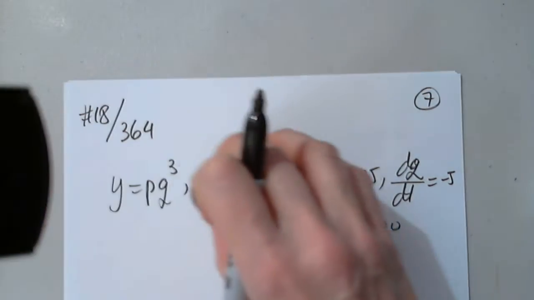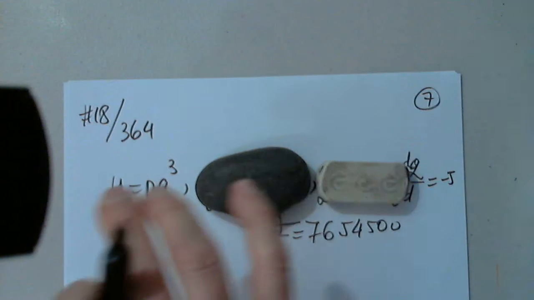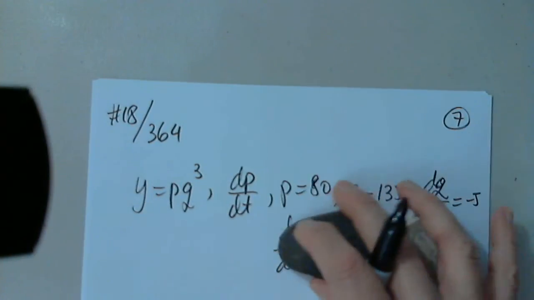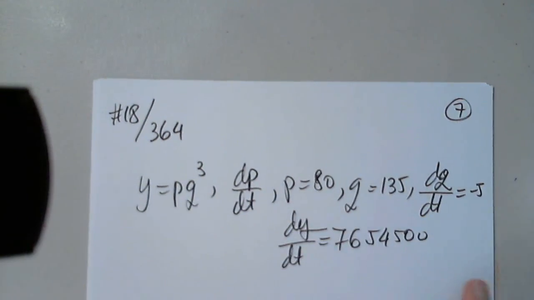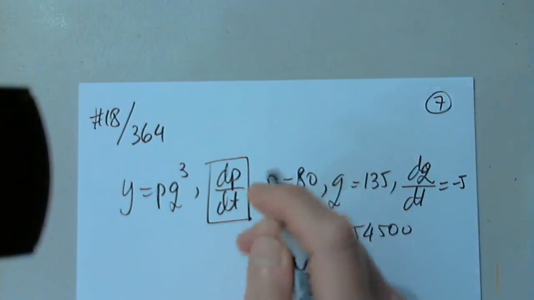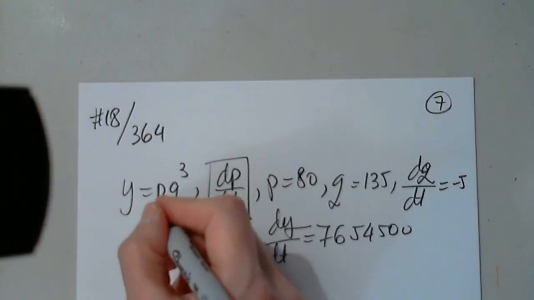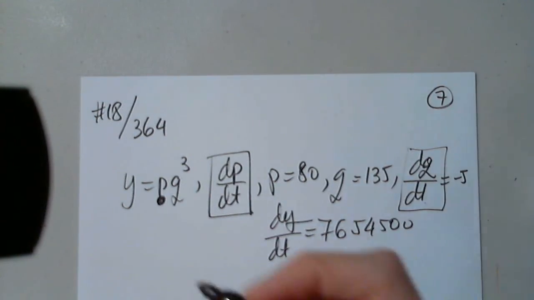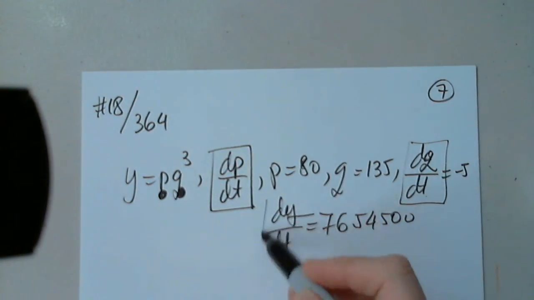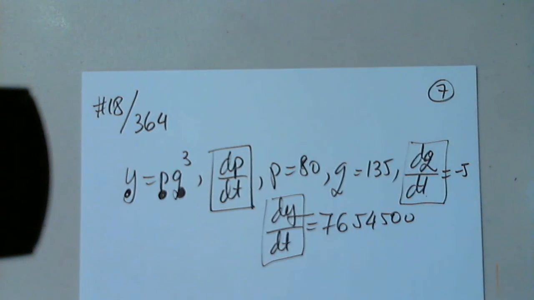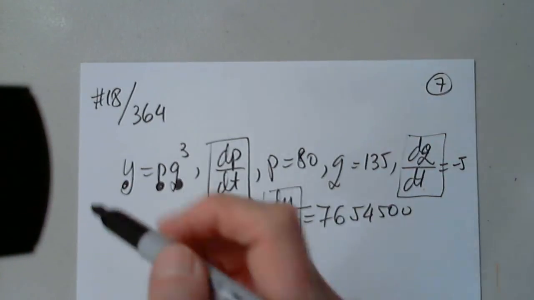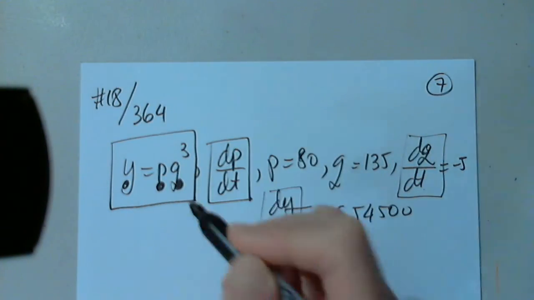So this is all gibberish. We can't see your screen. Of course not. I don't know what is going on. I didn't touch anything. All this doesn't mean anything other than dp over dt means p is a function of t, dq over dt means q is a function of t, and dy over dt means y is also a function of time. So here we have three functions, related through this equation.